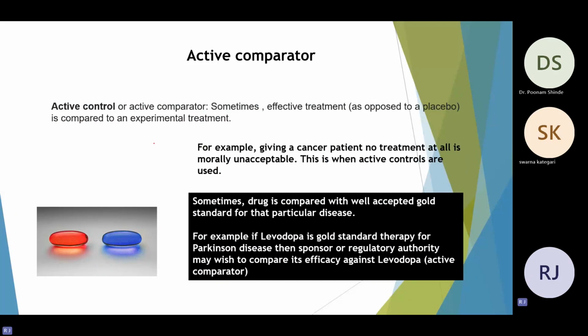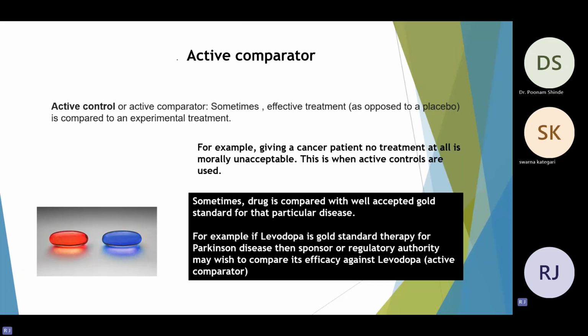Now, what is active comparator? This term we are going to use very much going forward. So for now, just understand the definition. If you remember, while teaching phase 3, I said in phase 3 we also compare our treatment with the standard treatment available in the market.